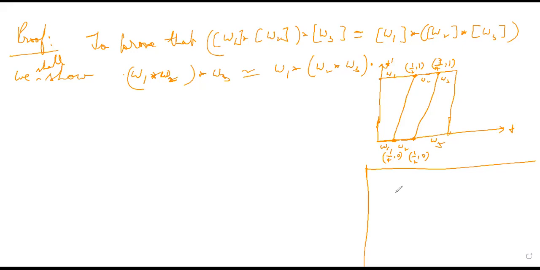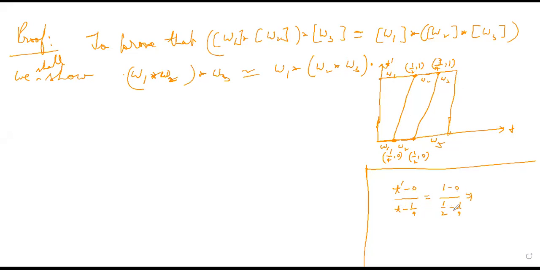So you can write t prime minus 0 upon t minus 1 upon 4 equal to 1 minus 0 upon 1 upon 2 minus 1 upon 4, right? This implies what?